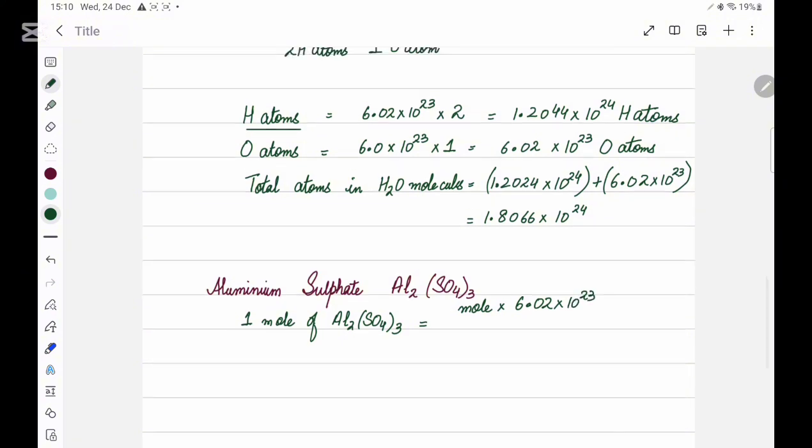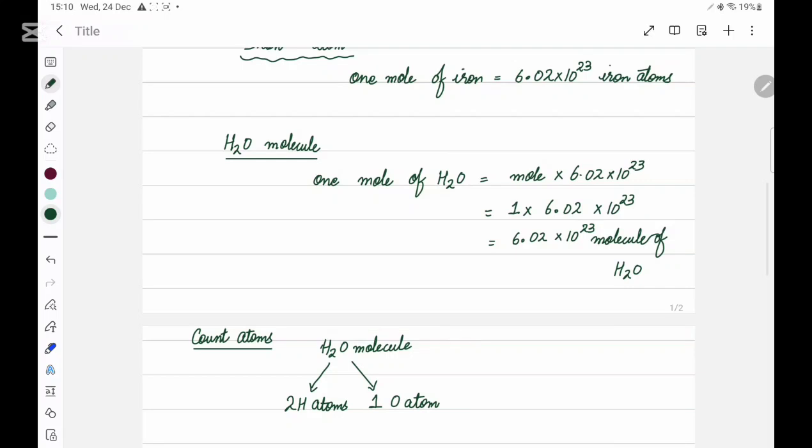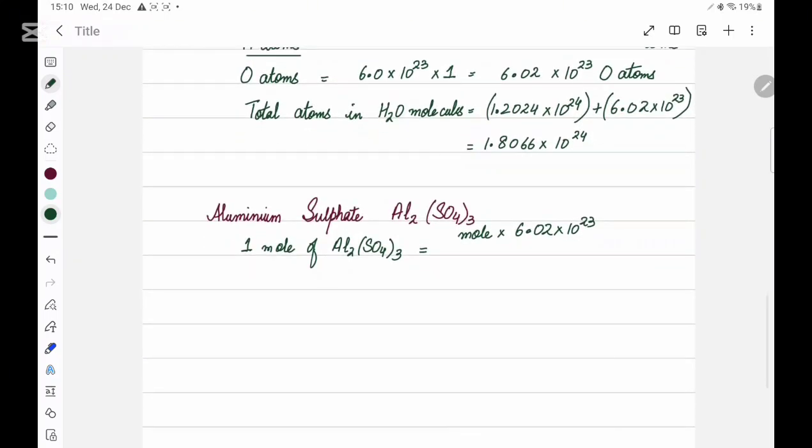Before, it was a molecule, so we found the number of molecules of water. But it is an ionic compound, so instead of molecules we say formula units. The formula units in this ionic compound are 6.02 times 10 raised to power 23 formula units.